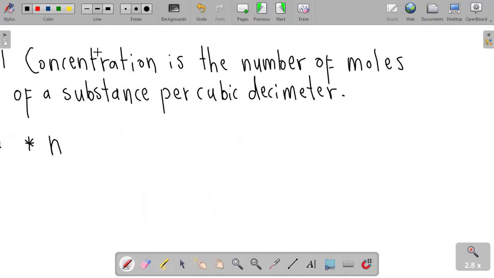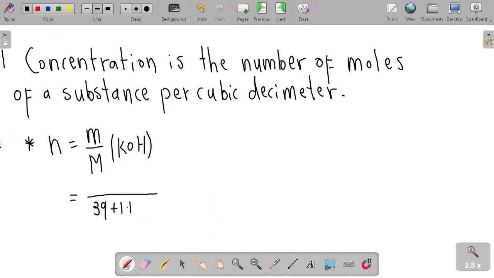So its number of moles is m over M. At the bottom we have 39 plus 1 plus 16, the one that we got from the periodic table, and the mass is 3.36. Where did we get the 3.36? From the question, isn't it?